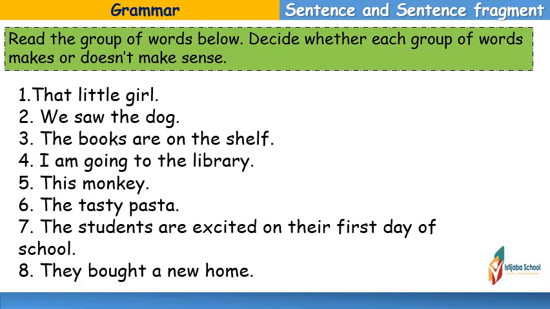It doesn't make sense because it doesn't have a clear meaning. Number seven, the students are excited on their first day of school. It makes sense because it has a clear meaning. Number eight, they bought a new home. It makes sense because it is complete and it has a clear meaning.